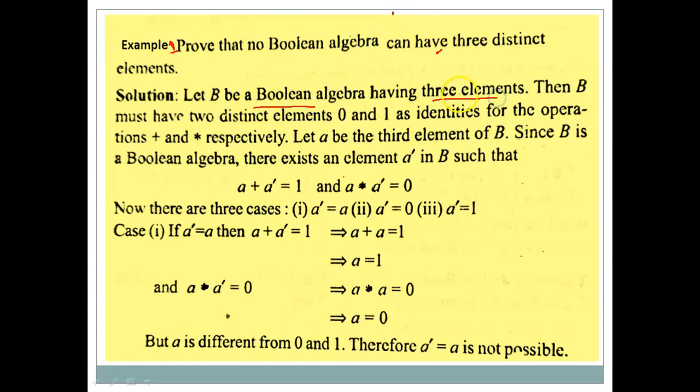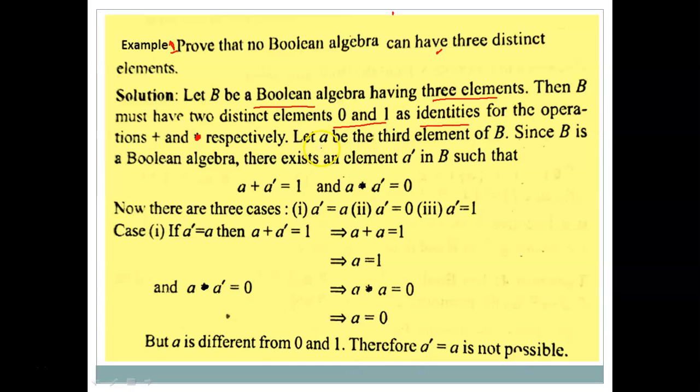having three elements. Then B must have at least two distinct elements, 0 and 1, as identities for the operations plus and dot respectively. Let A be the third element of B. Obviously, we have already discussed that a Boolean algebra must have at least two elements.